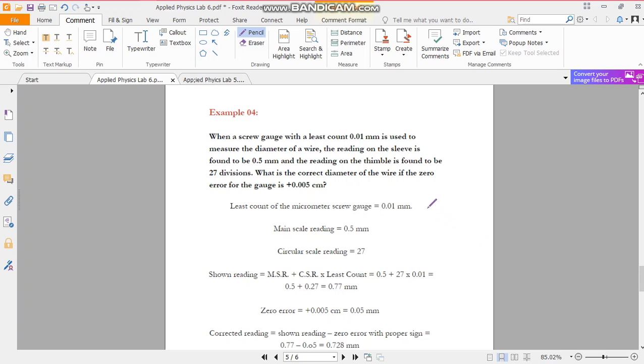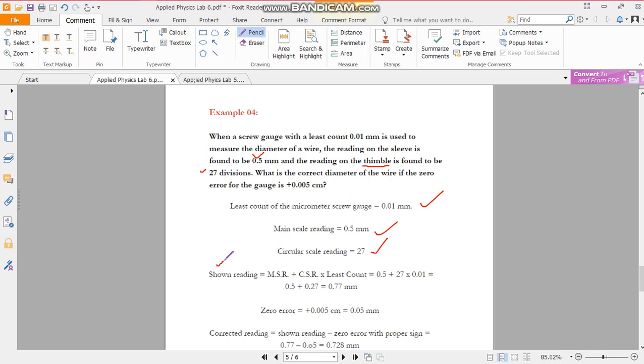So what is given? Least count is given, that is 0.01 mm. Main scale reading is also given, 0.5. Circular scale reading, the reading on the thimble, is also given, 27. What is the correct diameter of the wire if the zero error of the gauge is positive 0.005?